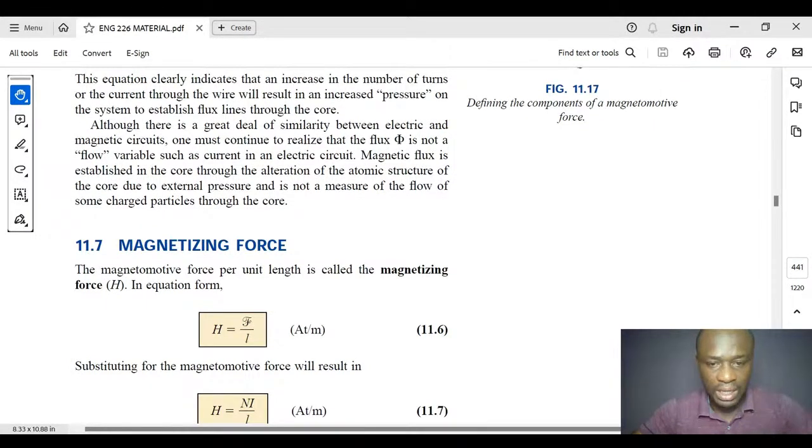If I can hear from you that what we are doing, we are proceeding, the transmission would have been seamless. But notwithstanding, let's still proceed. So we have this as the magnetizing force, where H is equal to Ni over L. Remember that last week I told you that force is equal to number of turns times current, and the magnetizing force is number of turns times current all over length.